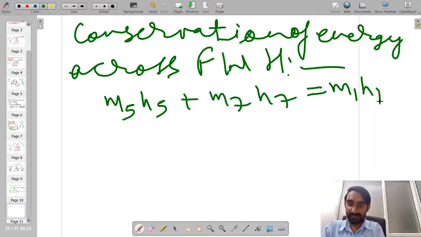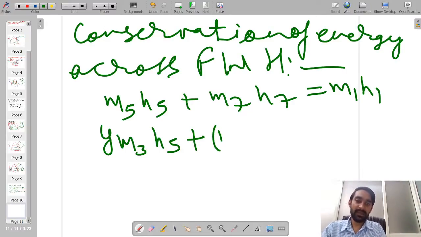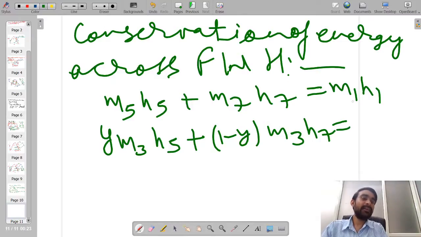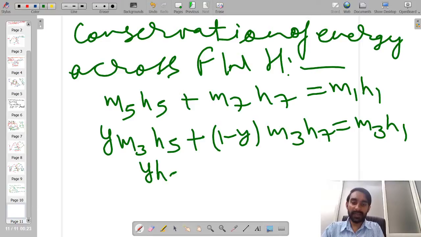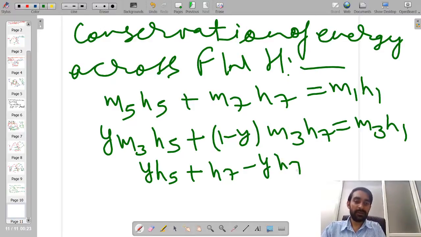Now m5, as I already know, is y times m3 into H5, plus m7, which is 1 minus y times m3 into H7, and this m1 is equal to m3, so I can write m3 into H1. Here m3 will cancel, and finally I will get y times H5 plus H7 minus y times H7 equal to H1.